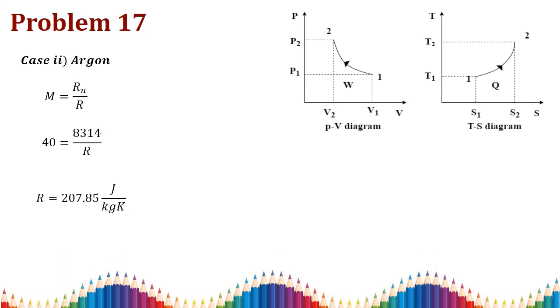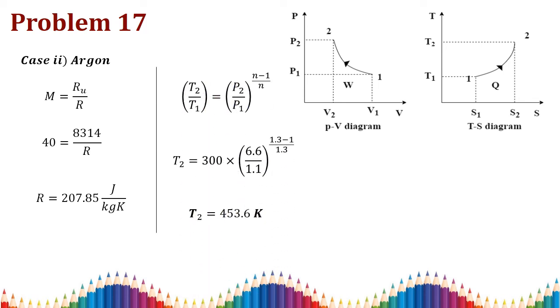For the second case, we need to find R again. The molecular mass is 40 and the universal gas constant is 8314. With this we find R is equal to 207.85 joule per kilogram Kelvin. T2 is the same, with no difference, because the initial and final pressures are the same, and the initial temperature is also the same for both the cases.